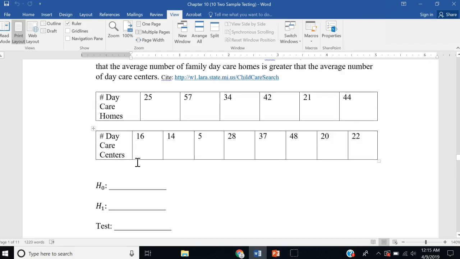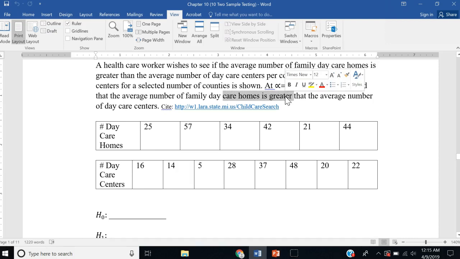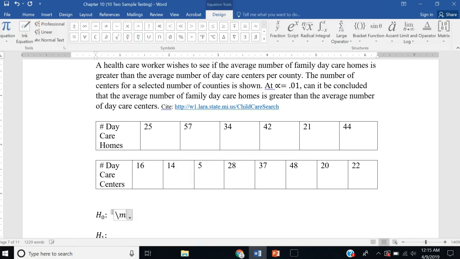The null hypothesis, well, we're asking if the average number of daycare homes is greater than the average number of daycare centers. So we'll call the daycare homes my group 1 and the daycare centers my group 2. Remember from last time that the null hypothesis always has the equality.